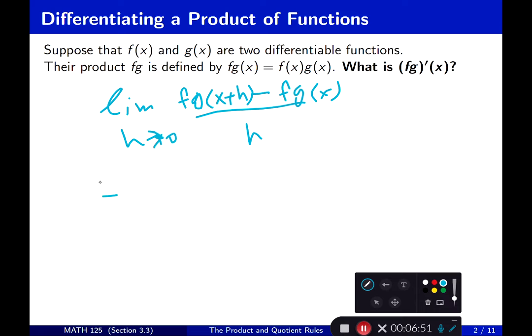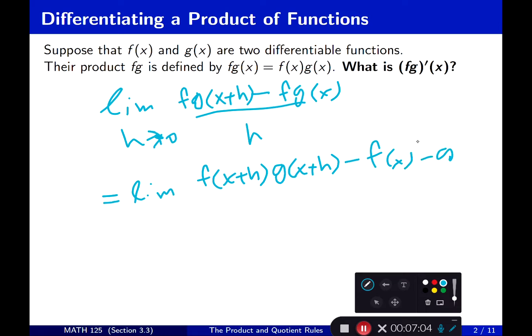I can replace that: the limit of f of x plus h times g of x plus h, minus f of x times g of x, divided by h as h goes to 0.